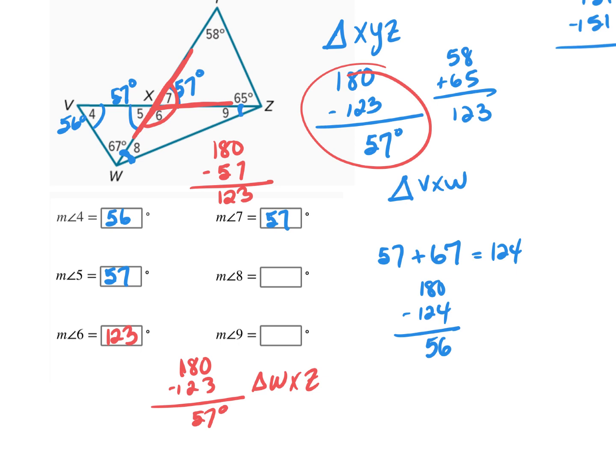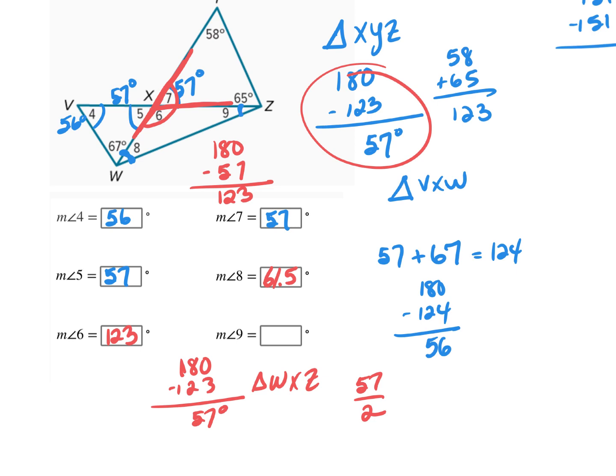So to find out what 8 and 9 equal, because they're the same, I can do 57 divided by 2 because we have to distribute the remaining degrees left evenly. And because they're both the same measurement, 61.5, no, I'm sorry, I take that back.